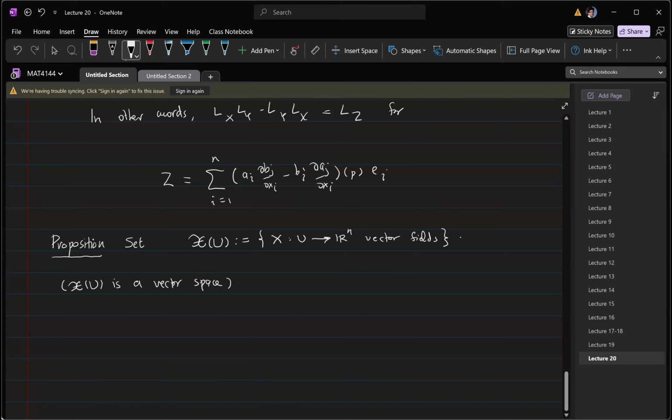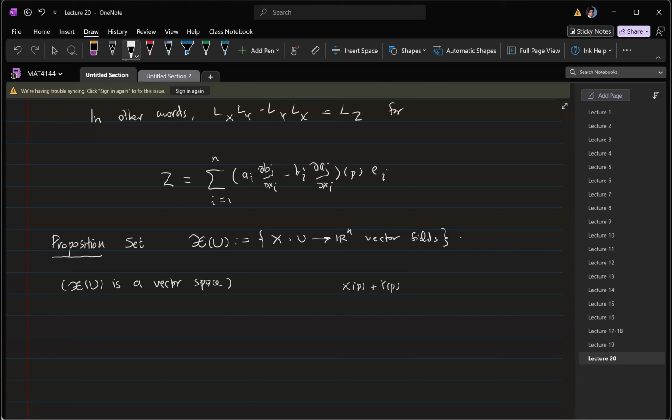So what does it mean? Well, it means that I can add vector fields and I can dilate vector fields by scalars. If I have a vector field X and another one Y, their sum at any point P will be the vector field whose vector at P is just the sum of X_P and Y_P. And dilation is you just dilate all vectors of the vector field by the same scalar. Okay? So this is a large vector space.